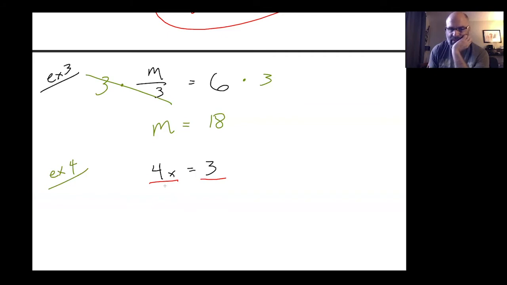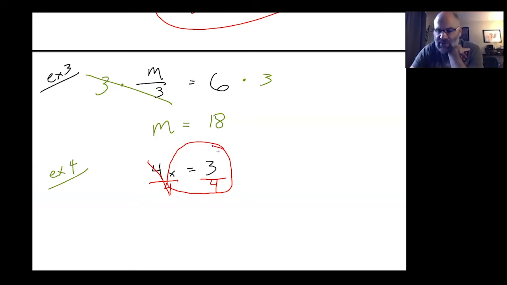Divide both sides by 4. That's how you get rid of the 4, right? So guess what? You're done. That's it. You don't have to do any more. X equals 3/4. You can check to see if you can reduce it. You can't reduce it, so you're done. X equals 3 divided by 4. That's the best answer. You can change it to a decimal if you want, but that's good enough. 3/4, you're done. Okay?